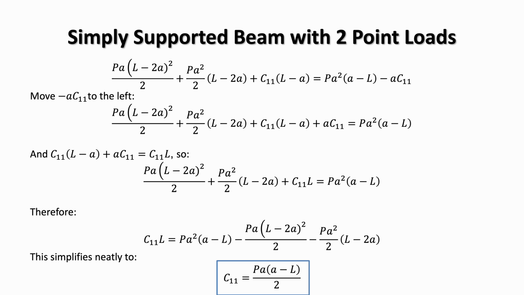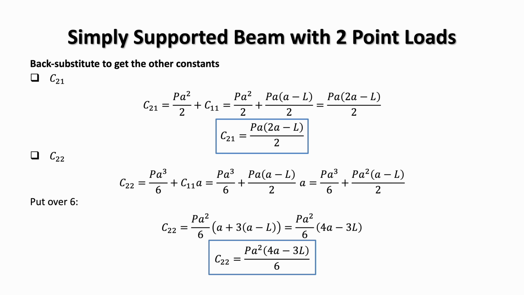We can simplify the right-hand side, leading us to a neat result, and dividing by L, we'll end up with C11 equals PA times, in brackets, A minus L, over 2. At this point, we've determined the value of C11, and we can back substitute to find the remaining constants.